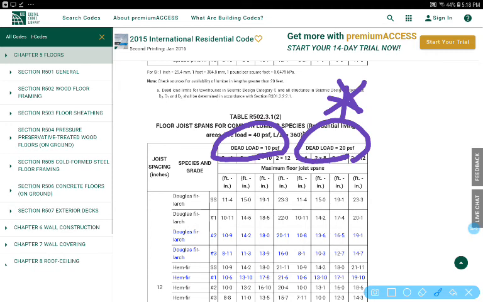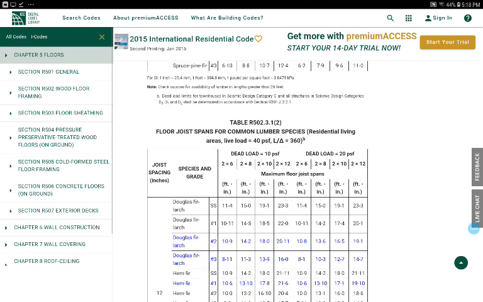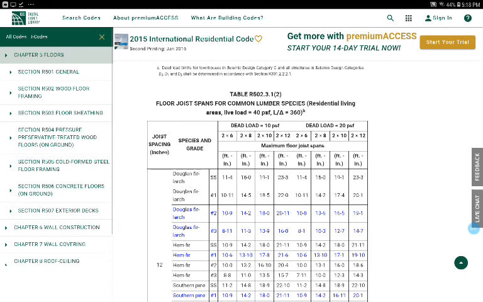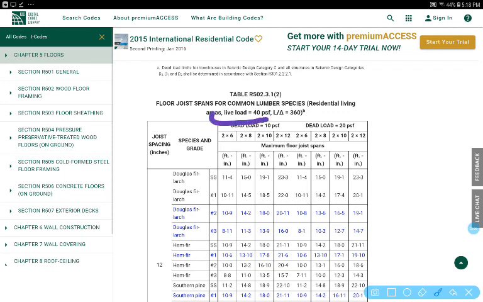Typically it is right here, and that's the safest bet. But in attic spaces where there's no storage, 10 pounds per square foot may be allowed. All right, so knowing that, we're going to stick to the live load of 40 and a dead load of 20.